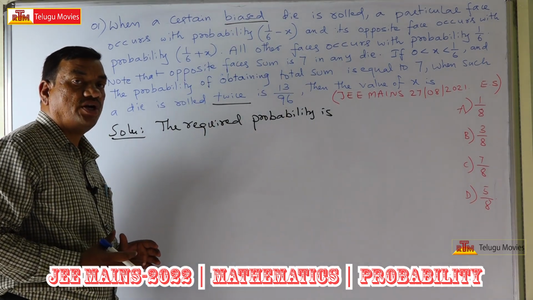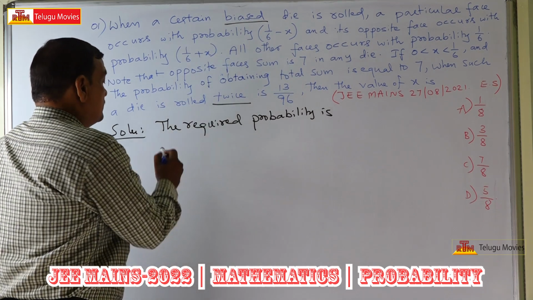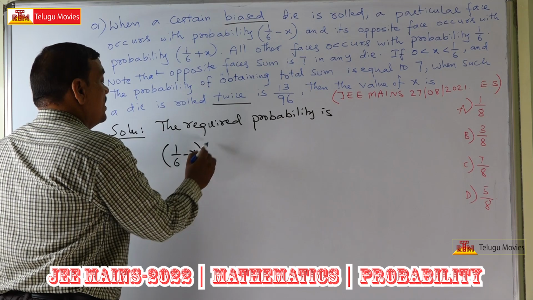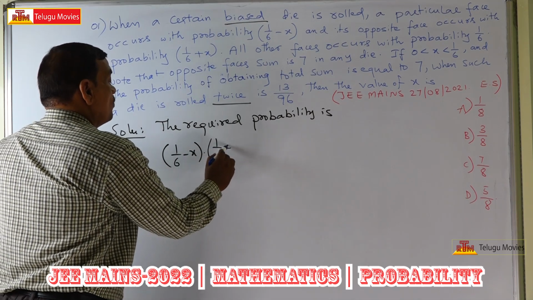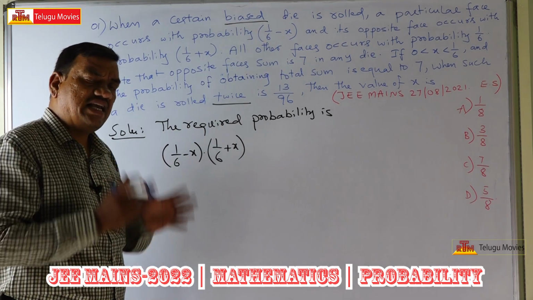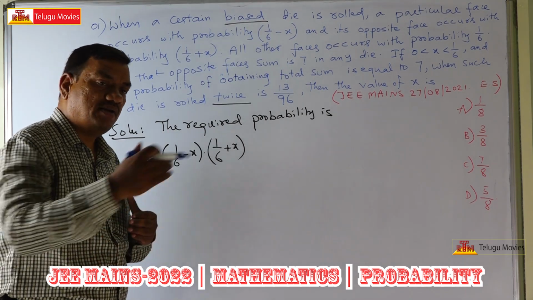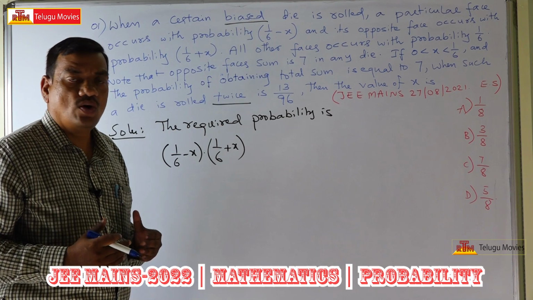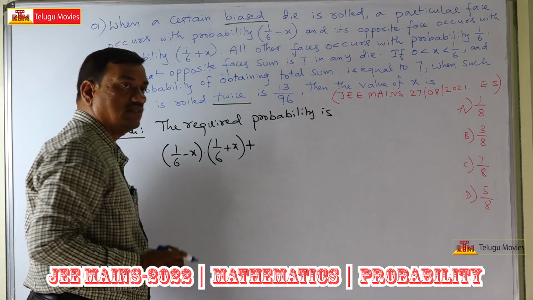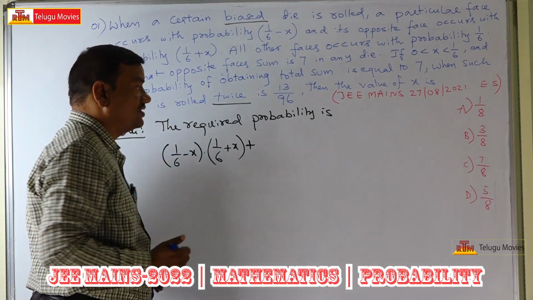What is the probability of obtaining one face? This is 1 upon 6 minus x and its opposite side is 1 upon 6 plus x. At the same time, the remaining faces will also occur. So what is the probability of the remaining faces? The remaining two sets of opposite faces will be there.